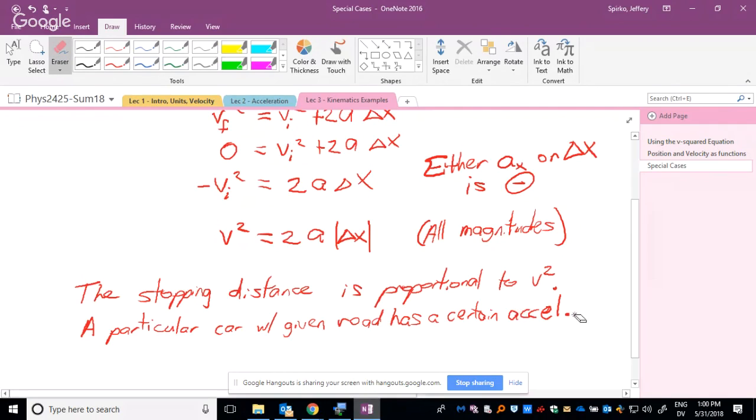Maybe I should put the word max after that. So if I give you a question about stopping distance and think about two situations with different velocities, you should assume that they have the same acceleration and that the x is the only thing on the right-hand side of the equation that's actually changing.